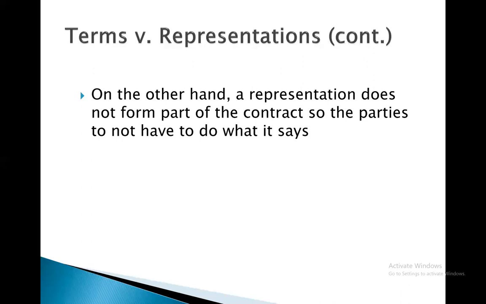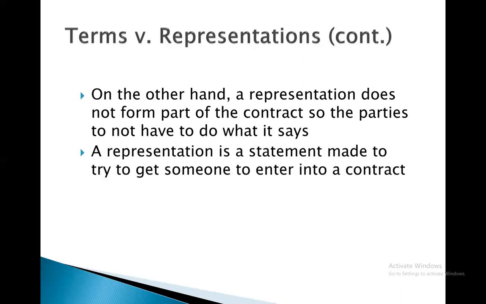There's no obligation on the parties to do what it says, because a representation does not form part of the terms of the contract. What then is a representation? A representation is a statement made to try to get someone to enter into a contract.